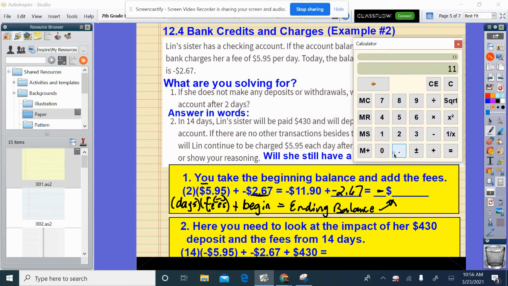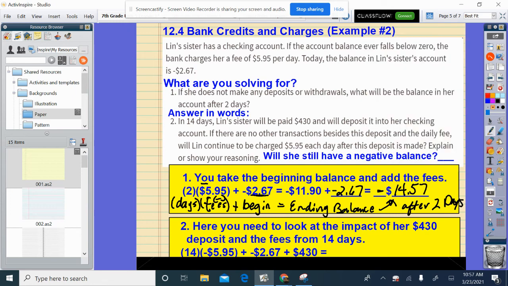That's $11.90 plus $2.67, which gives me a negative $14.57 after 2 days. And again, I'm using words to answer the problem.